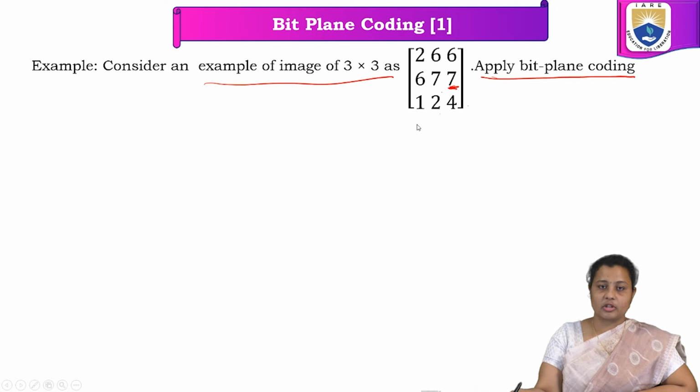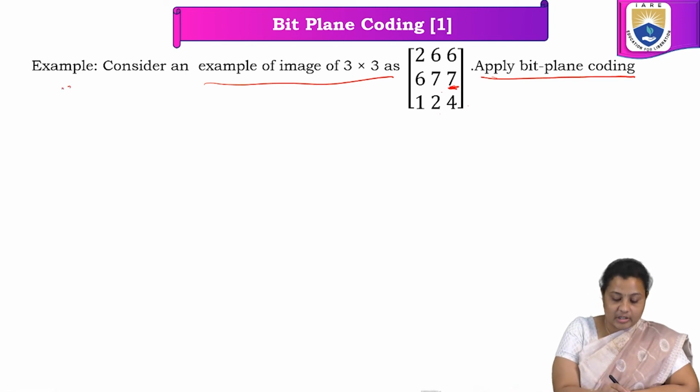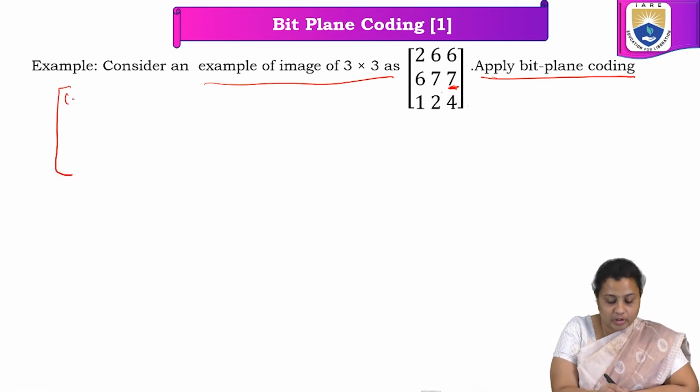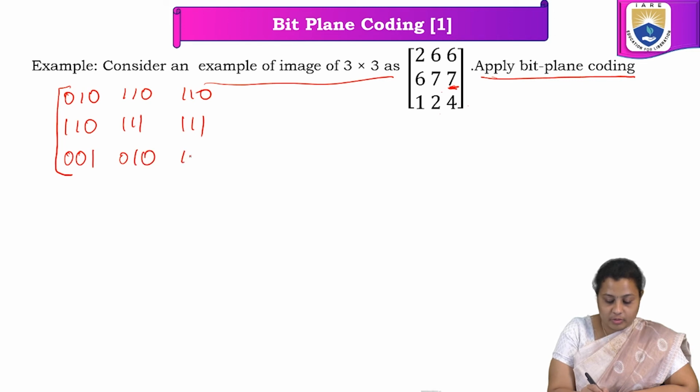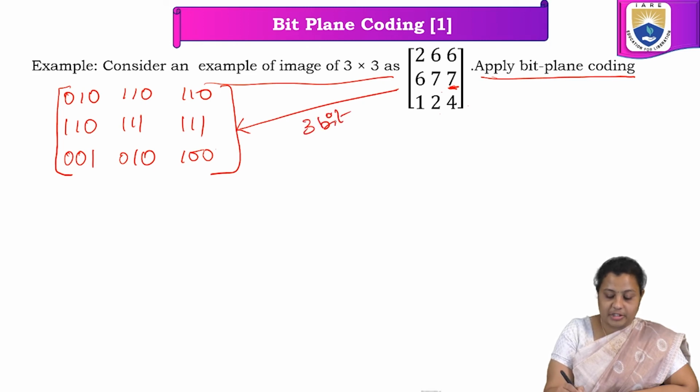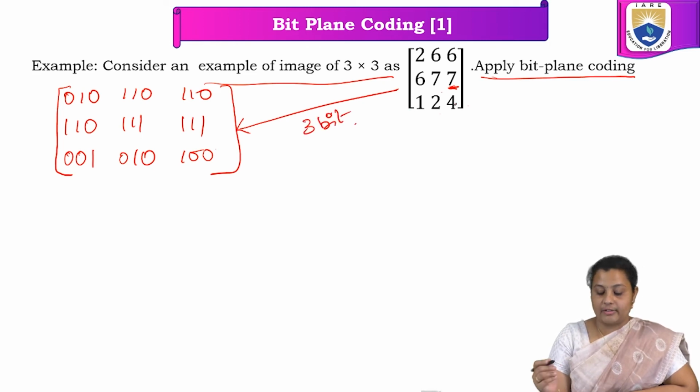We require 3 bits. So we write the values in binary, and this is the 3-bit representation of the gray level.